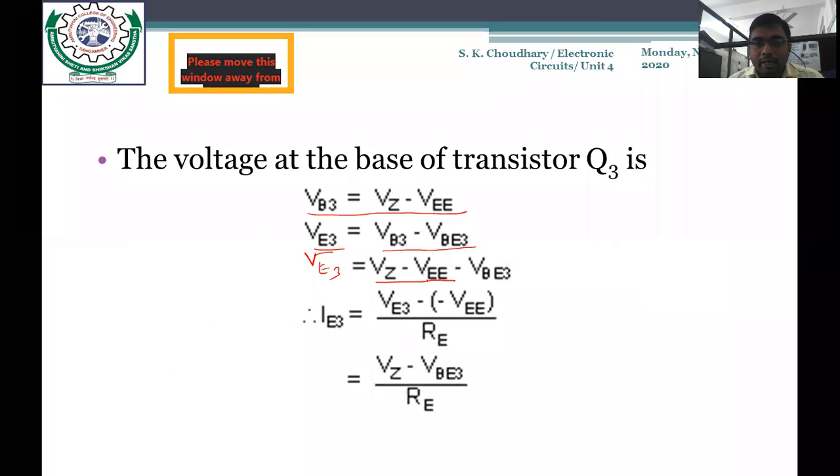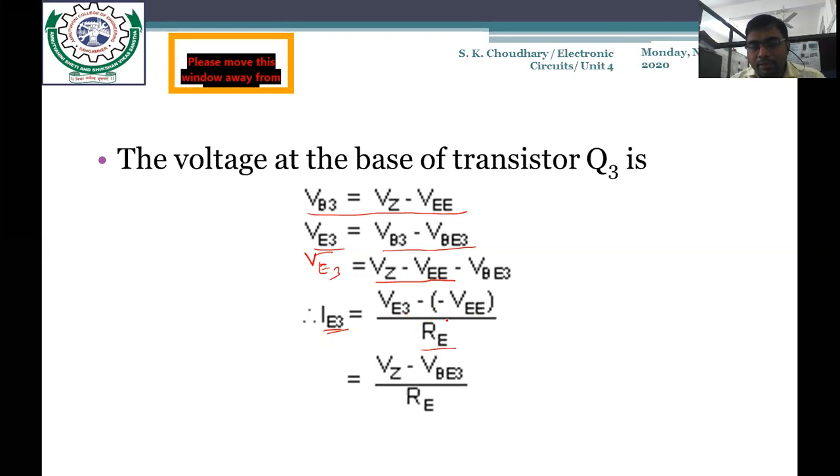Once you calculate the emitter voltage, you can easily find the emitter current IE3, that is the voltage at the emitter terminal divided by the resistance RE. Here it is VE3 plus VEE upon RE as per the circuitry.